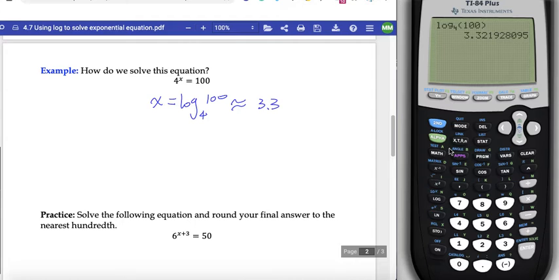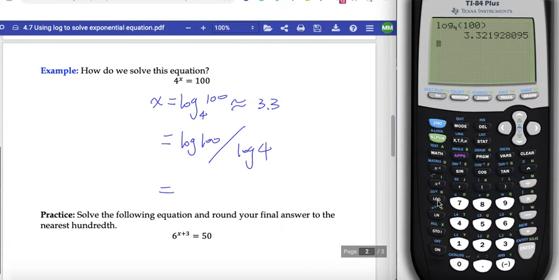If your calculator doesn't have this log base option, remember what I mentioned before, I can just use the change of base formula. I can use log 100 divided by log 4. I change this to base 10. Every calculator has this log, so I can rewrite it as log of 100, close parenthesis, divided by log of 4, close parenthesis.